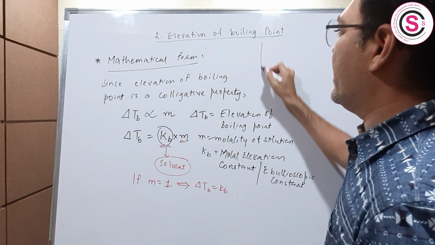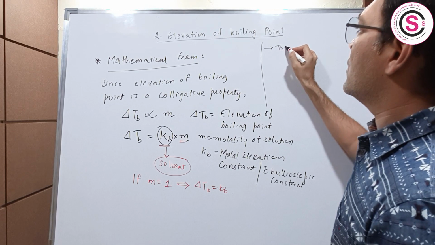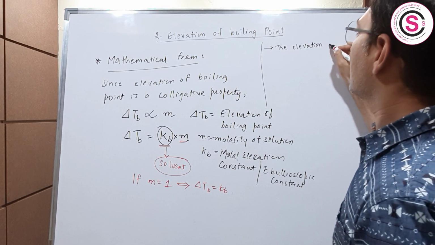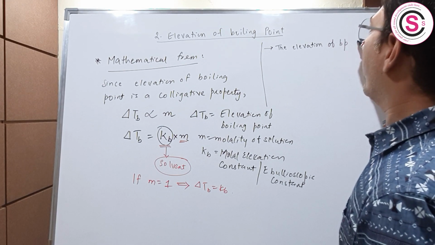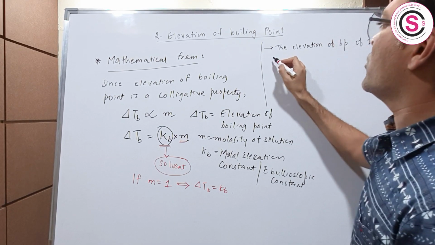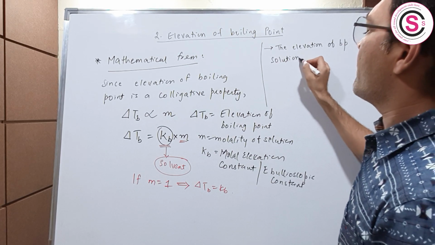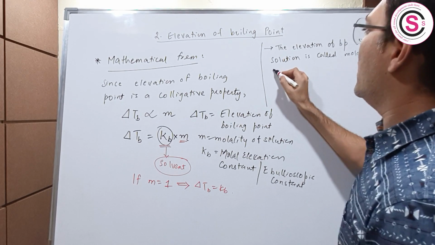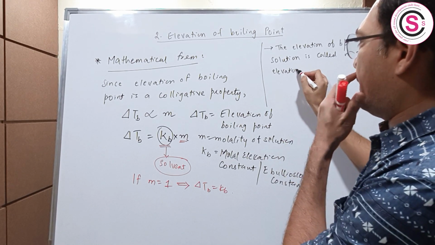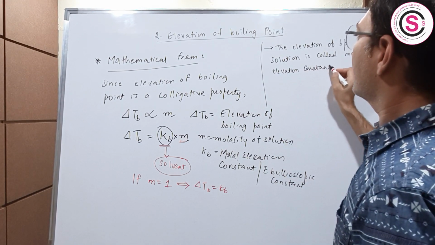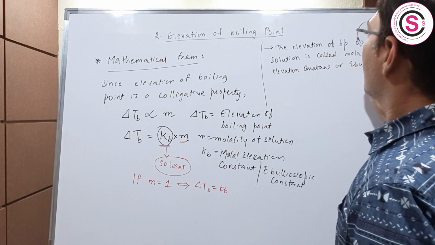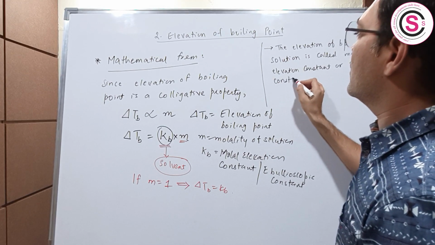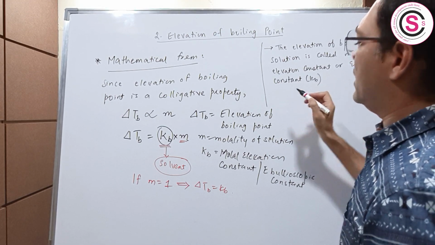So now, what is Kb? Students, Kb is defined as the elevation of boiling point of 1 molar solution, which is called the molar elevation constant or ebullioscopic constant Kb.